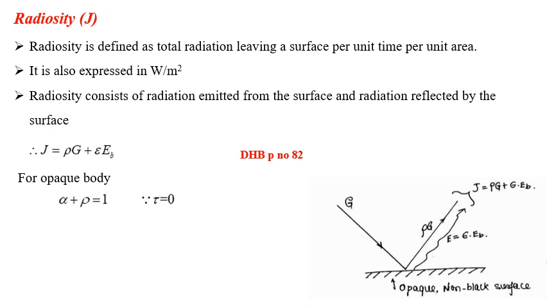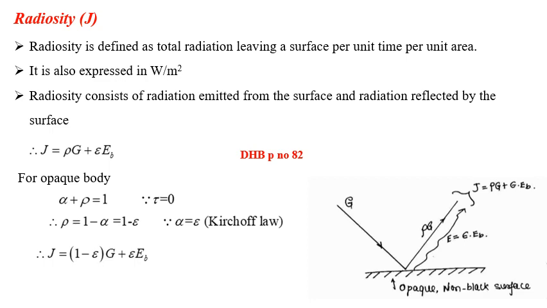For an opaque body, alpha plus rho is equal to 1 because tau is equal to 0, that we know. Tau is nothing but transmittivity. The summation of absorptivity and reflectivity is equal to 1. Therefore rho is equal to 1 minus alpha, and according to Kirchhoff's law alpha is equal to emissivity, so we can write 1 minus emissivity.